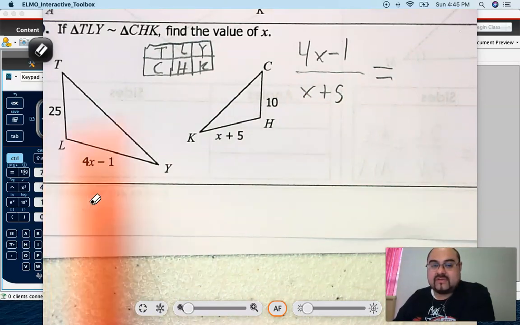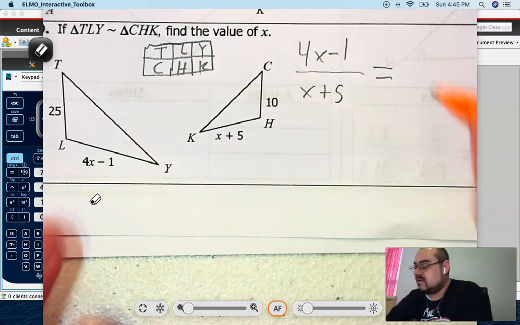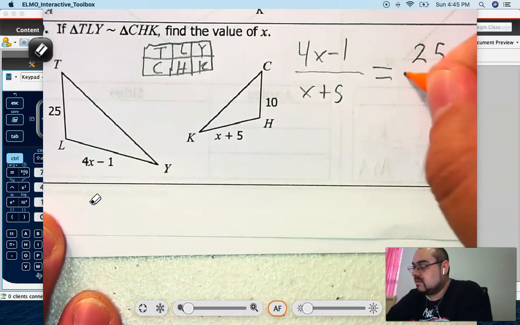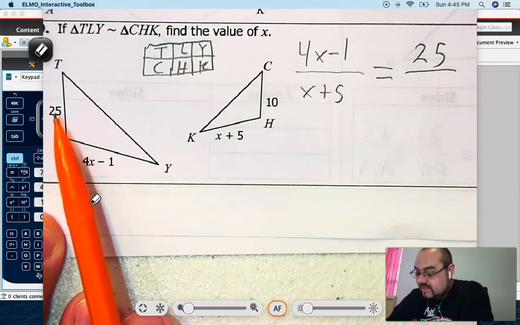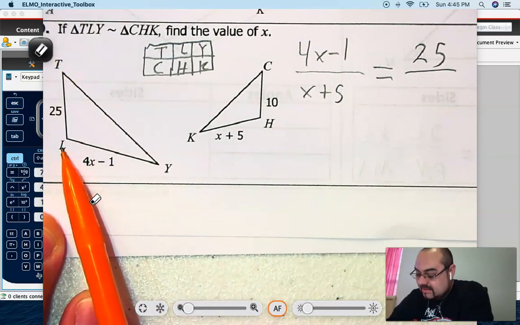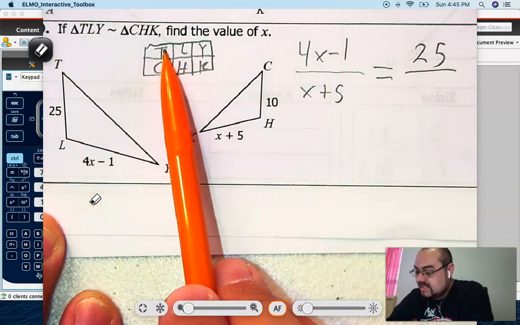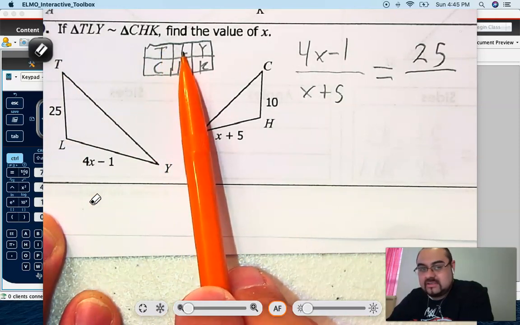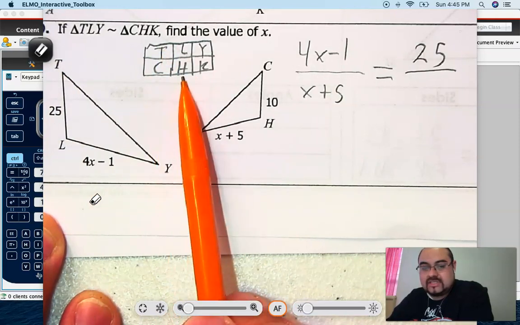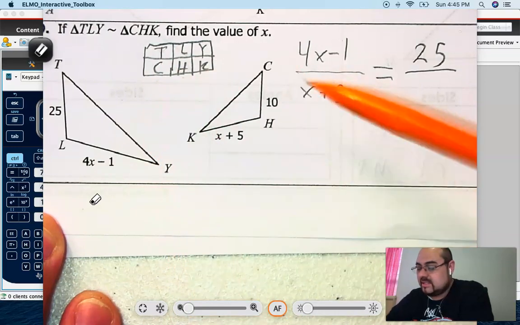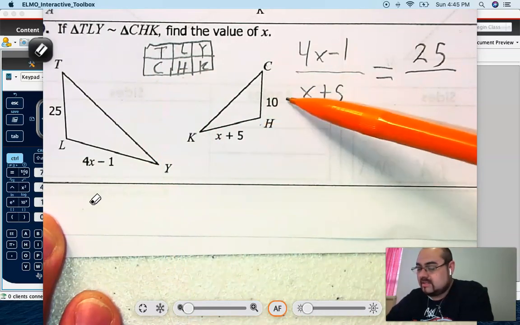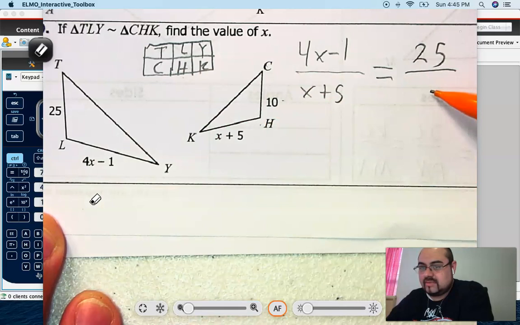So 25 is going to go across from the 4x minus 1. 25 is side TL. According to this, TL corresponds to side CH on the other triangle. CH is right here, and 10 is the number that I'm going to put down here at the bottom.